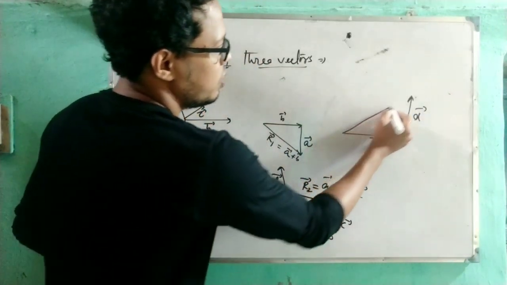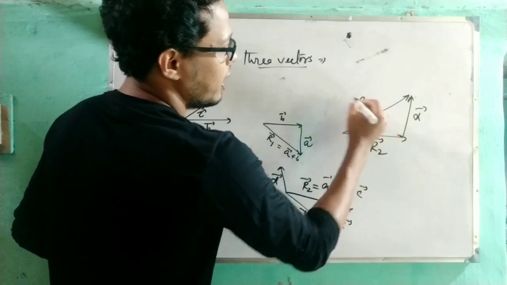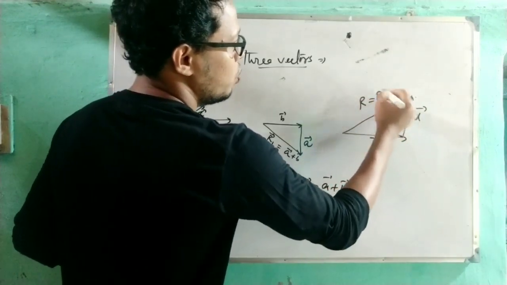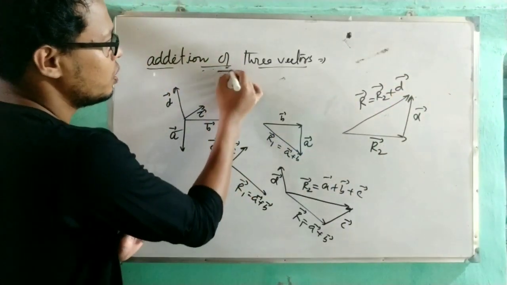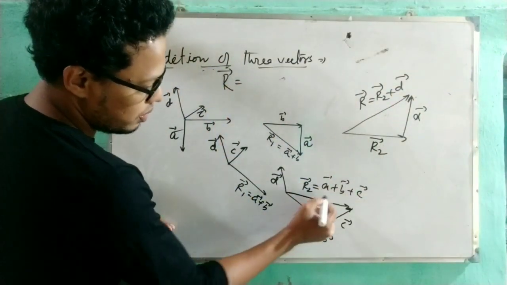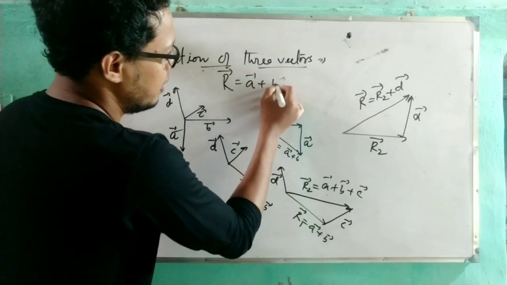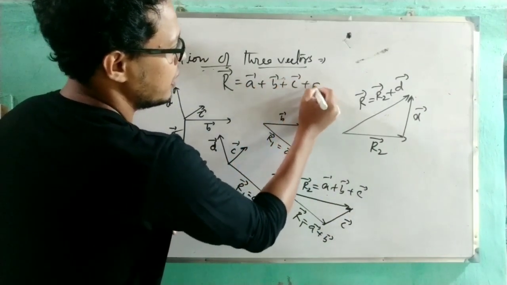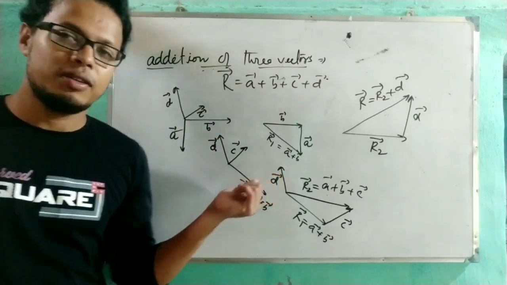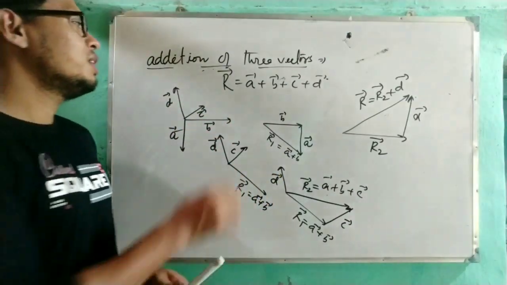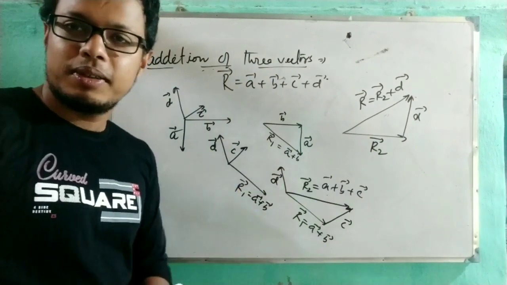So obviously this will be the resultant. This is R, which will be R2 plus d vector, and R2 means a plus b plus c. So R is a plus b plus c plus d. This is how we can add 2, 3, 4 or whatever. This is the addition of 3 or 4 vectors. Clear?